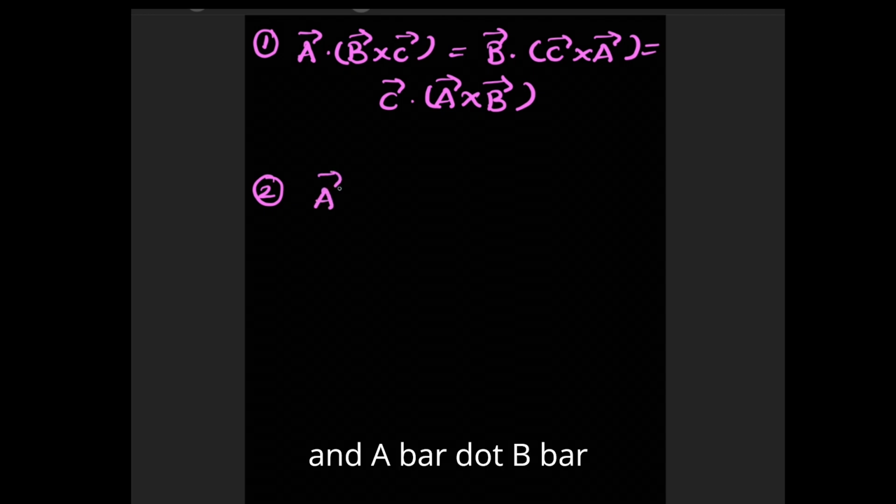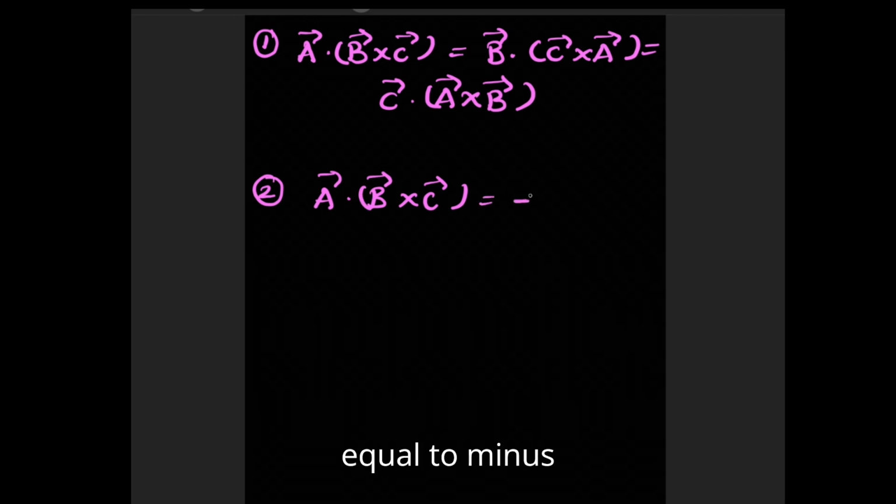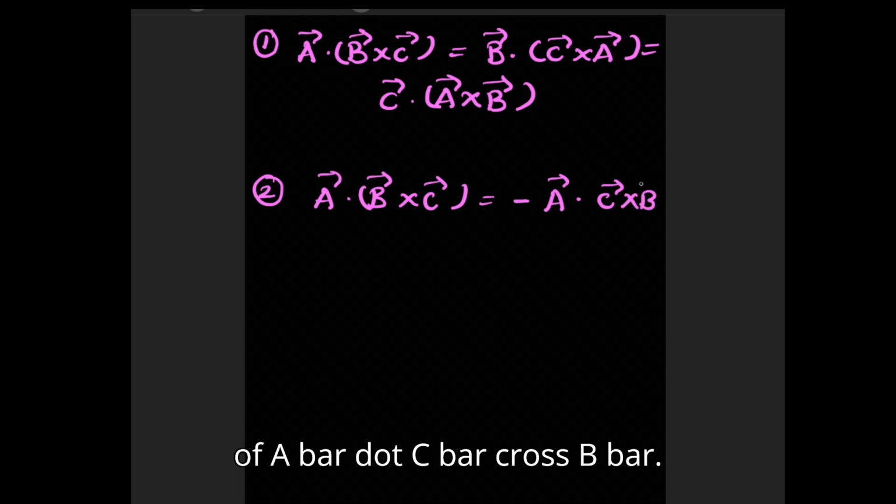And a bar dot b bar cross c bar is equal to minus of a bar dot c bar cross b bar.